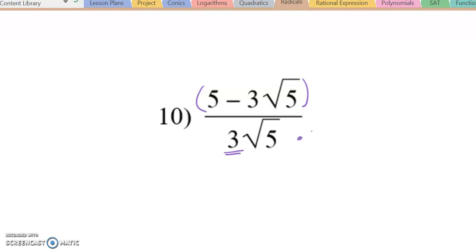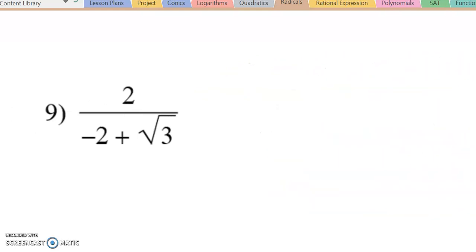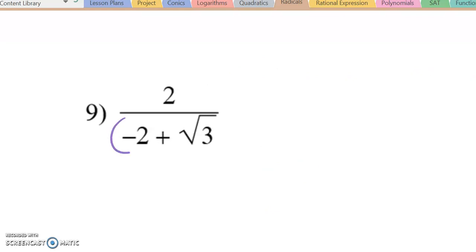But to get rid of this on the bottom, I can just multiply by root 5, and this would become 25, and the square root of 25 is 5, but I have a 3. So the denominator would be 15. When I multiply the root 5 up here, yes, I'm going to have to FOIL. But down here is not a group. It's only a group if it is separated by a plus or minus.